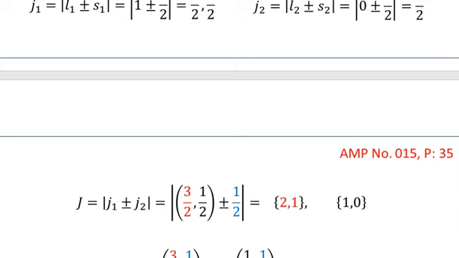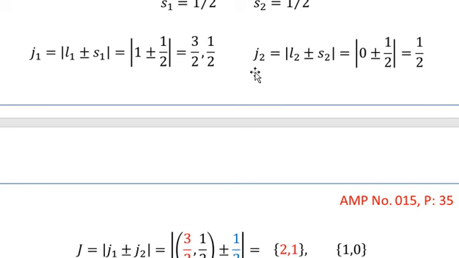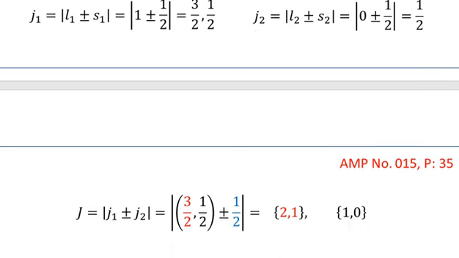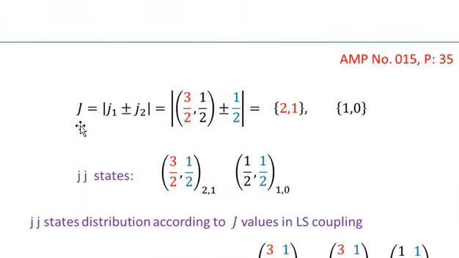Now I shall be combining the J values. J1 and J2 will be combined to produce the resultant J of the atom. I am showing these values here. Capital J is equal to the mod of J1 plus or minus J2, where J1 has been represented by the terms in the parenthesis.